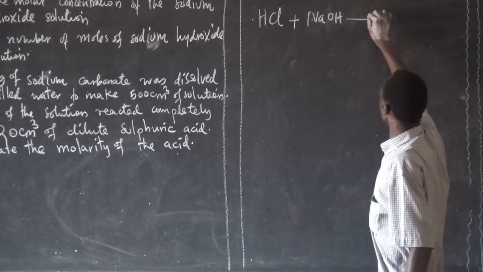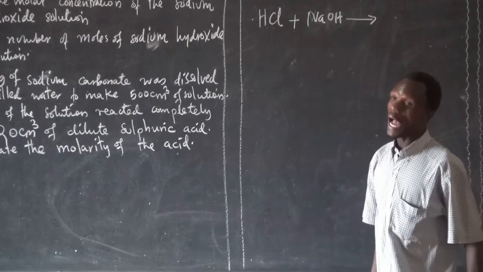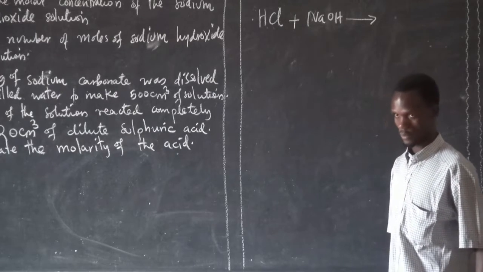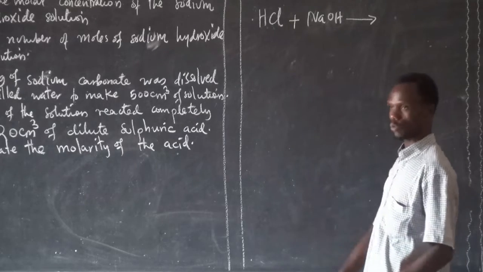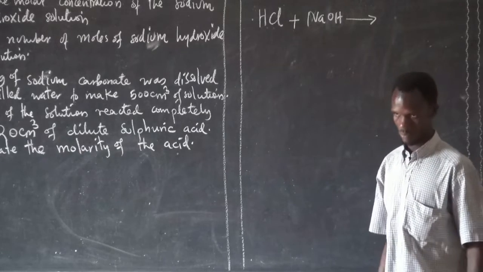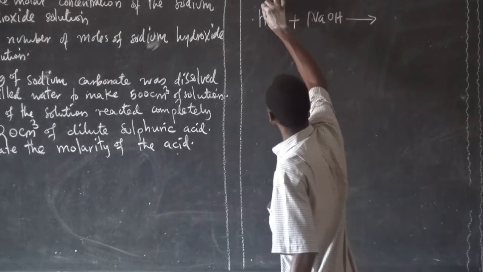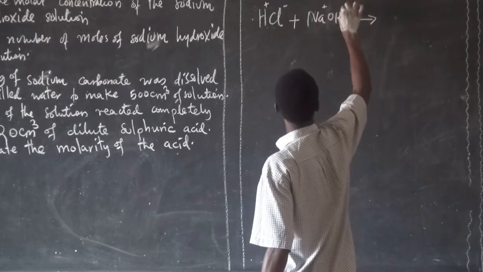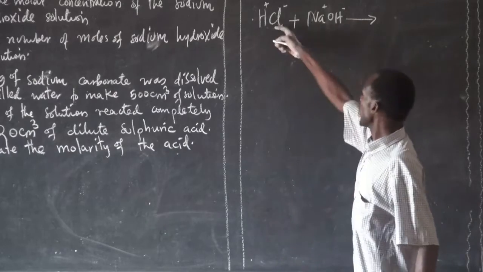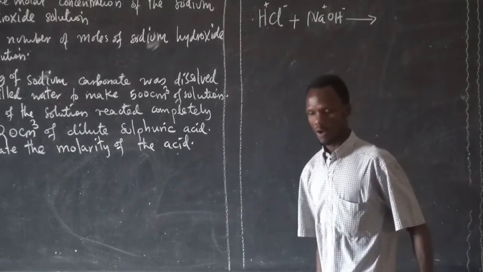Now, the products, we have said, are salt and water. Remember, salt is formed from a non-metal and a metal. It is simple. This is positive, this is negative. This is positive, this is negative. Positive and negative get together. Why?